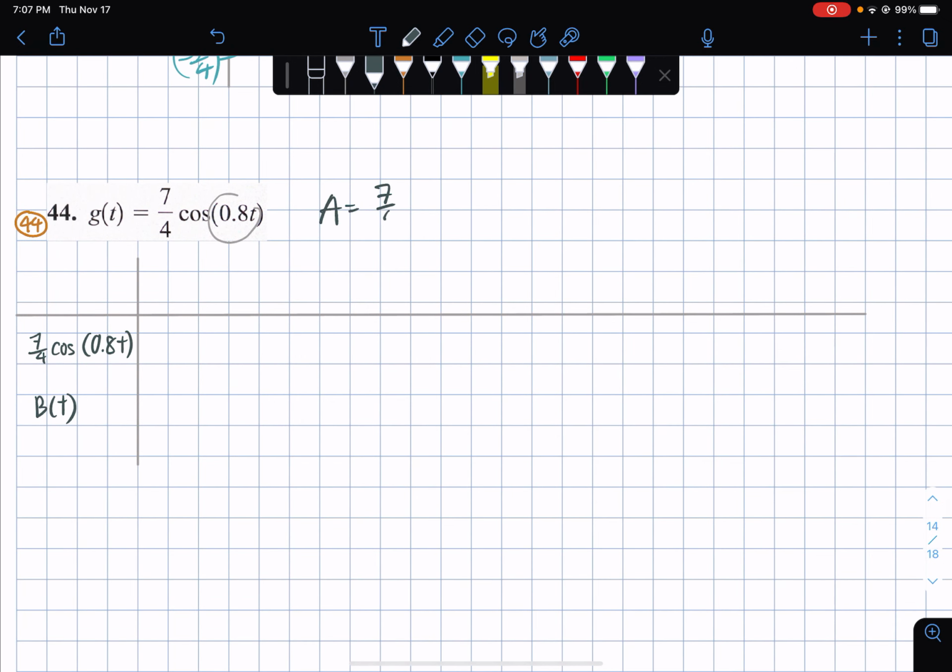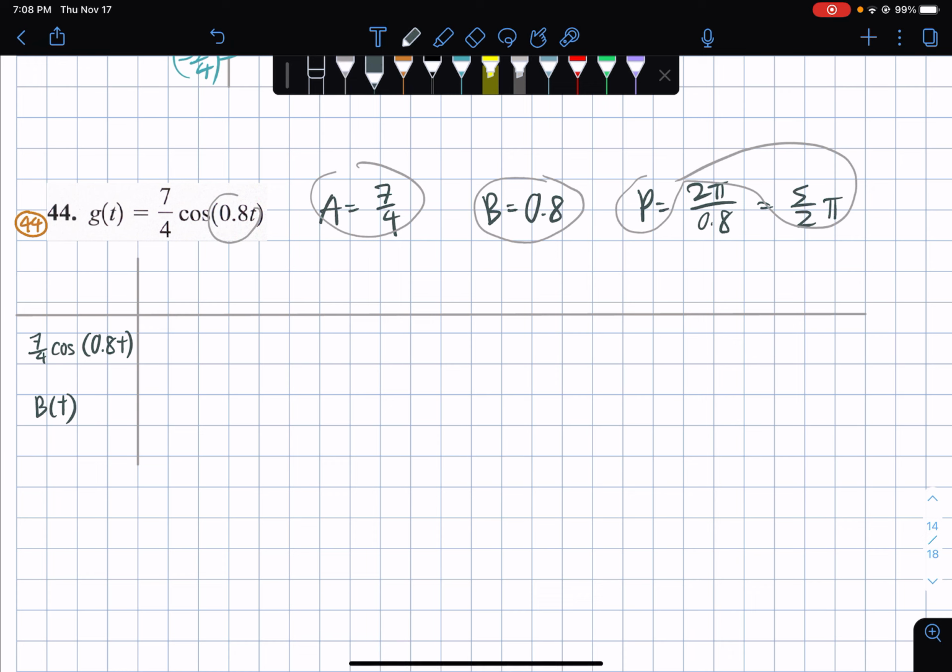Amplitude is 7 over 4. The b variable is 0.8. Period is 2 pi over 0.8, which is 5 over 2 pi. So the t variables are as follows.